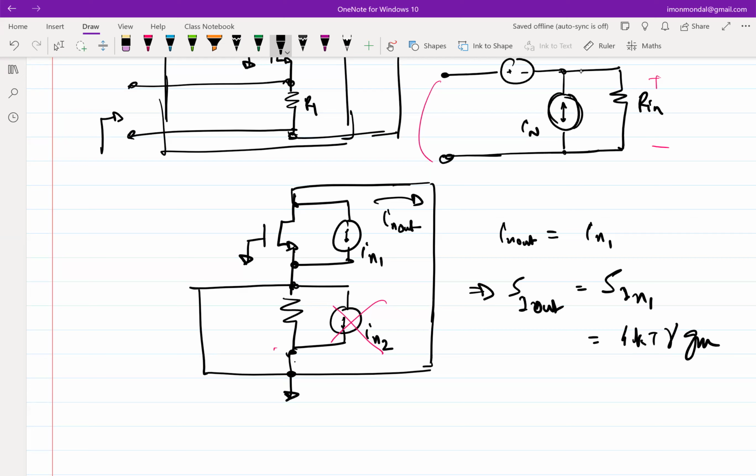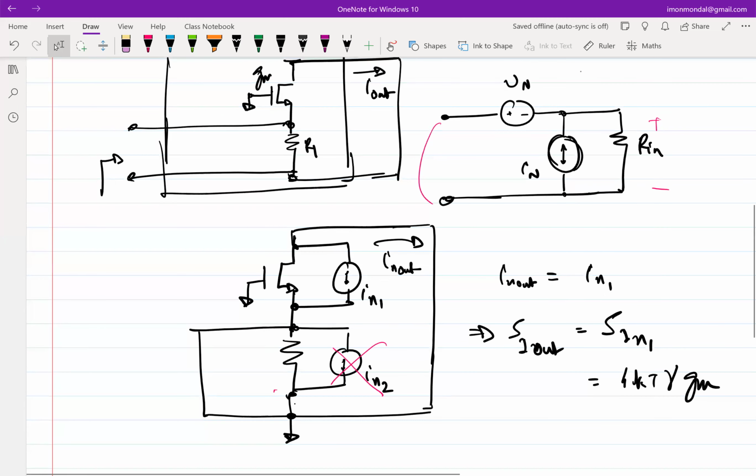Right? Fine. So now how do I figure out the spectral density of Vn from this? So I got IN out. Should I simply divide? What is the method? In this case it's probably simpler, but in general, what are you going to do? Yeah, right.